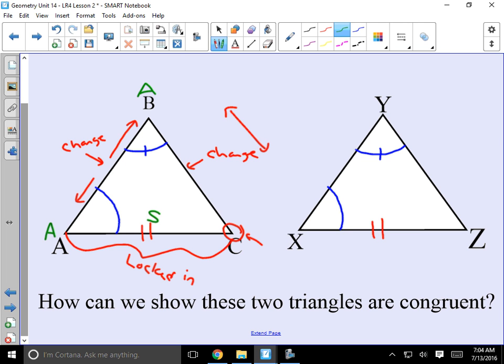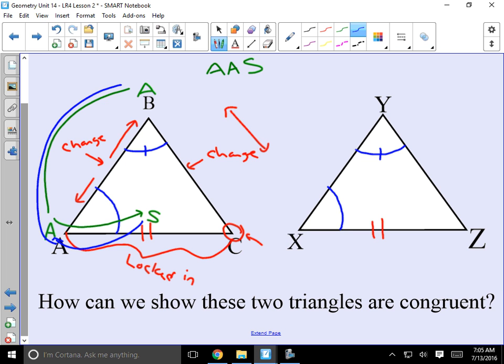Remember, as you go around, you can't skip any more than one piece. So I'm going from angle to angle. I did skip over the side, and then the next thing I go to is the side. So in this one, it would be angle, angle, side. Now, if you happen to go the other direction, which is okay, I've got a side, and I go to an angle, and from an angle, I skip over only one piece, which is okay.